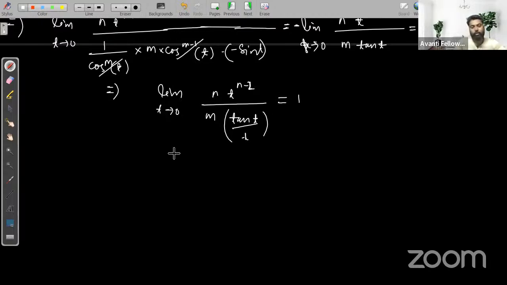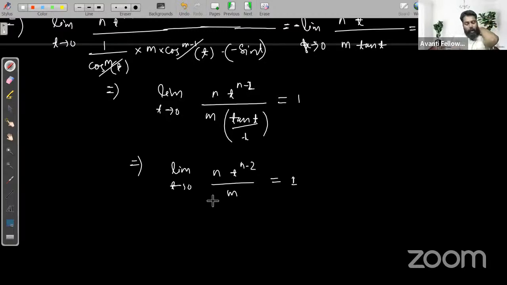So what we are having, limit t tending to 0 n into t to the power n minus 2 divided by m is equal to 1. So for this to be 1, with t raised to n minus 2, n minus 2 must be positive.